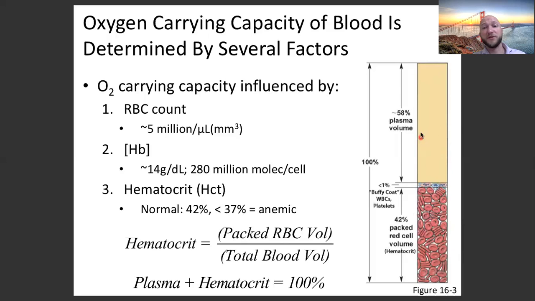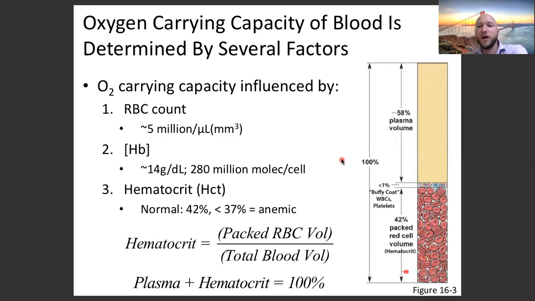That centrifuge produces centrifugal force, which pushes all of the formed elements, the red cells and white cells, to the outside of the tube, and you end up with two distinct layers in that tube. You have the plasma layer, this yellowish, clearish layer on top, and then a red layer on bottom. Hematocrit is what percentage of the whole is that packed cell volume. So hematocrit is equal to packed RBC volume divided by total blood volume. So this section down here divided by the whole.